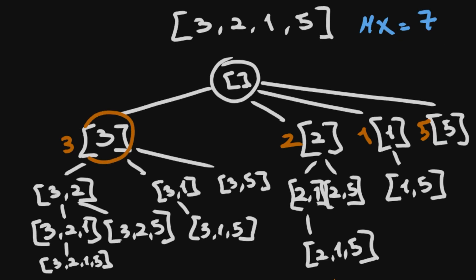And if we decide to take 3, for example, next we can take 2, 1 or 5, meaning we can have a subset with 3, 2, a subset with 3, 1, or a subset with 3, 5. And if we decide to take 2, for example, now we have these 2 elements. Next, we can take 1 or we can take 5. Here you can see each of these possibilities.